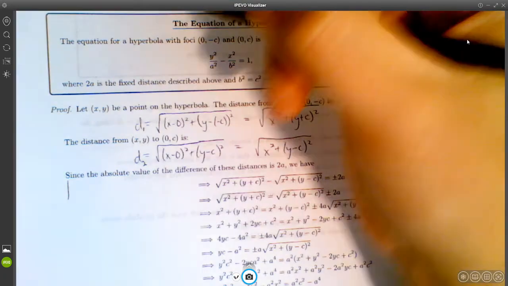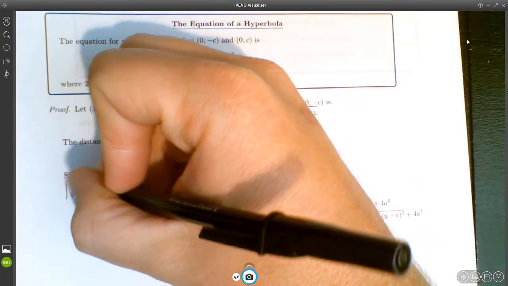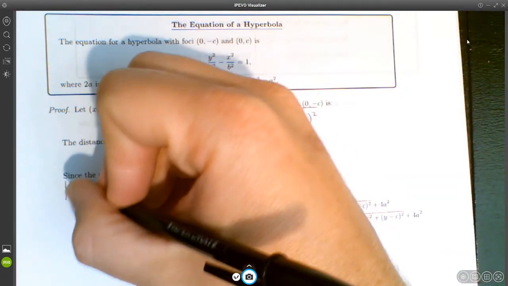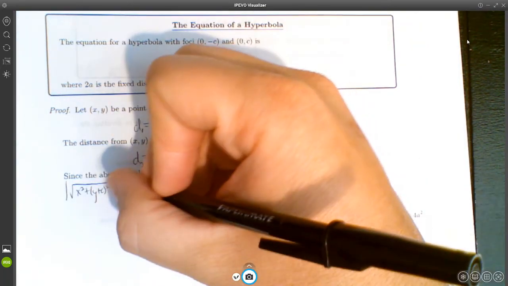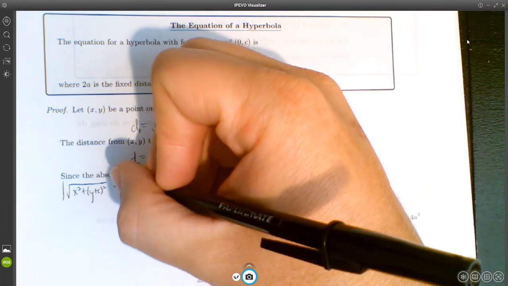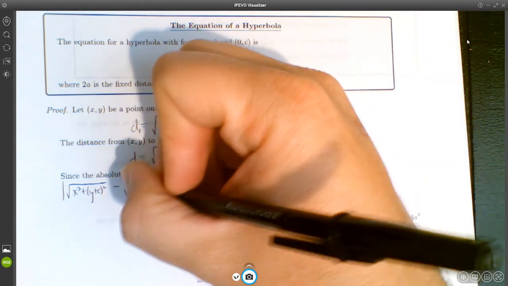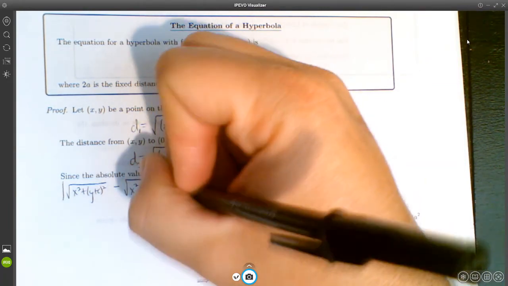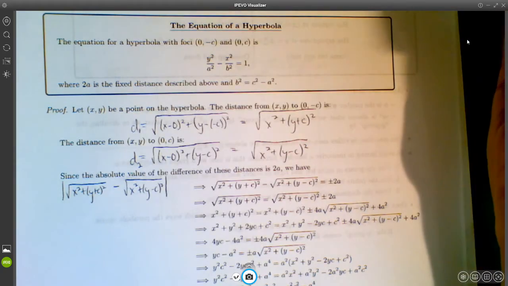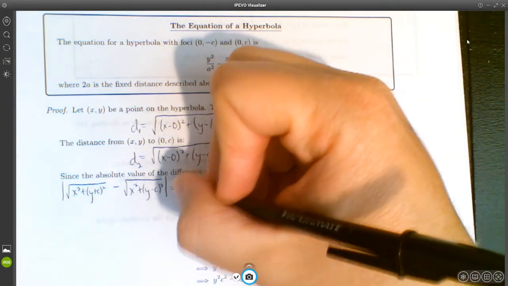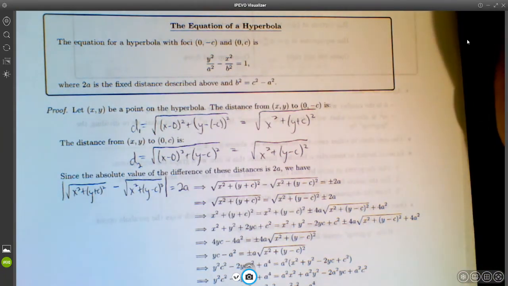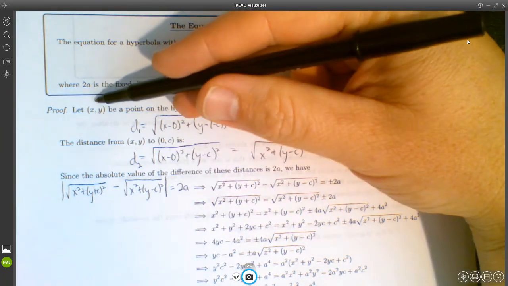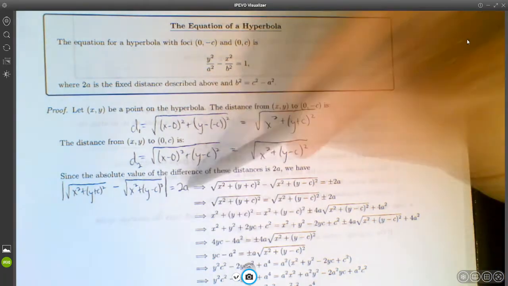So the absolute value of d1 minus d2 equals 2a, by definition. 2a is the fixed distance, we said.